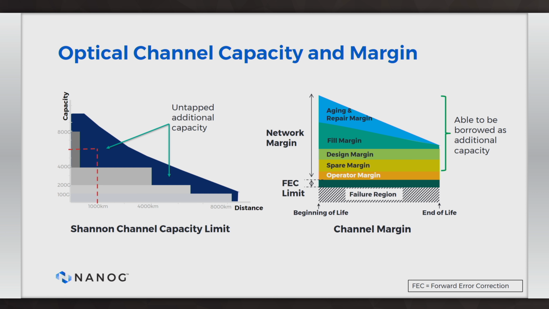The other reason why we don't go all the way to the blue line in this distance and capacity curve is the channel margin. When you deploy a fiber and put light through it, if the fiber is new, the light doesn't have as much problem going to the other side. There is still noise along that fiber, but it's not like an old fiber that's been on the ground 10, 15 years.